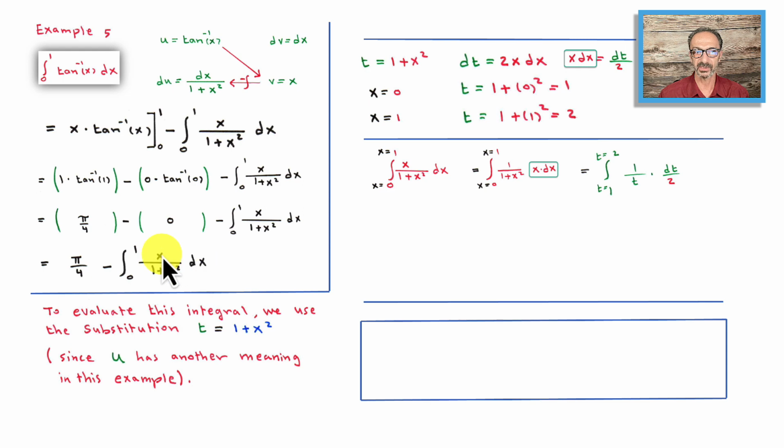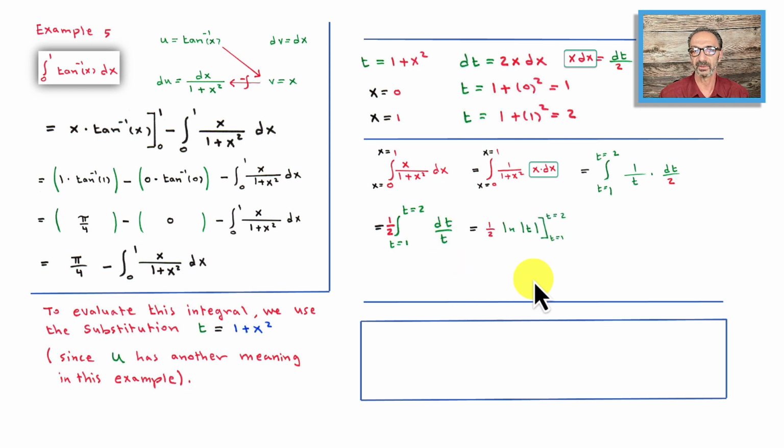When you pull x to the side, that's 1 over t, and x dx is now dt over 2. Let's take the half, because this 2 is not 2, it's half, up front, out of the integration, and integrate dt over t.